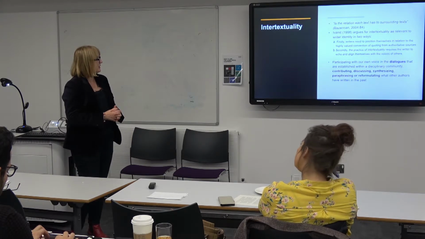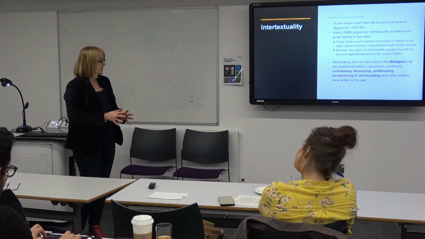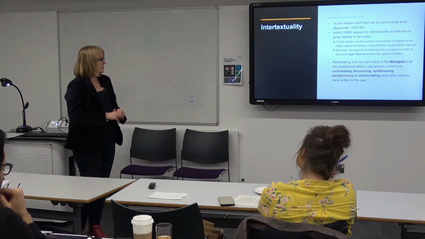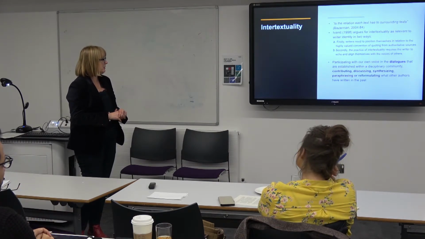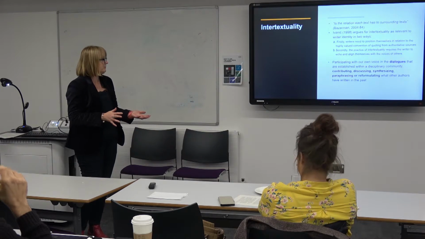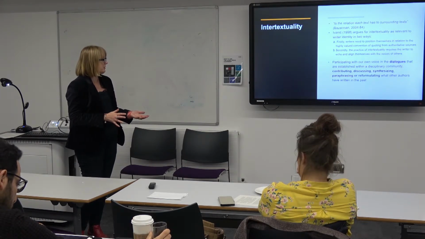So she has argued that we should make this more explicit for our learners, because of this whole concept of intertextuality. It's relevant to writers' identities in two ways. Firstly, they need to position themselves into the highly valued convention of quoting from authoritative sources.